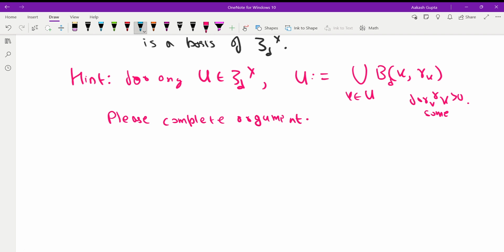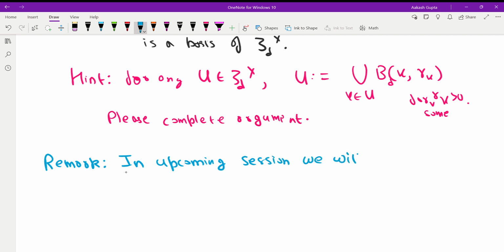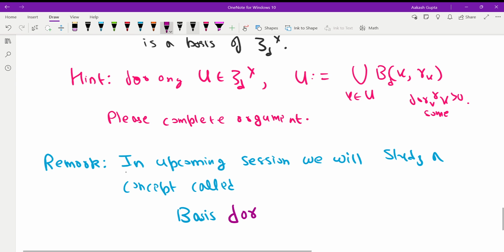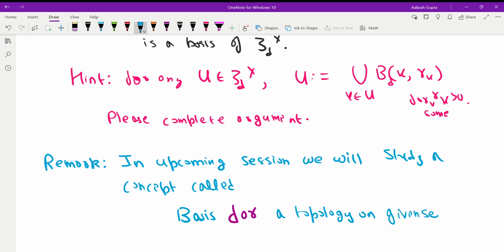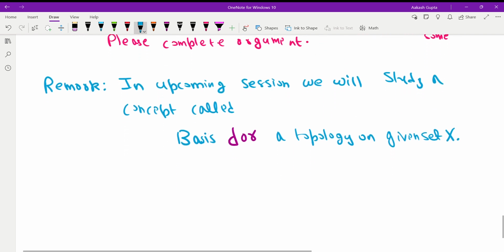Let me have a concluding remark. In the upcoming session, we will study a concept called basis for a topology on a given set X. Let me clarify here.